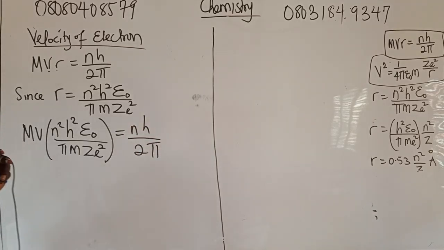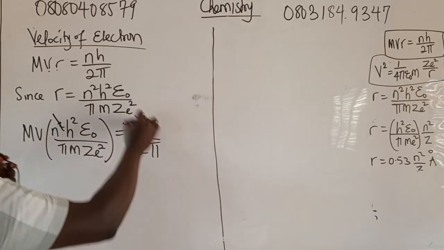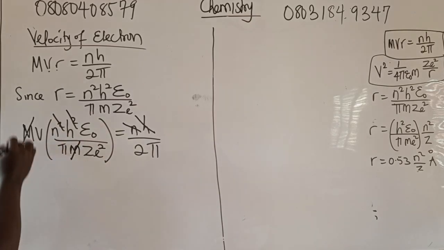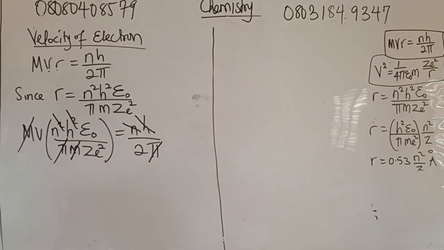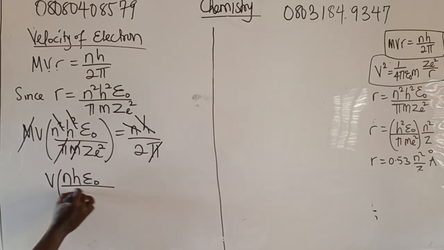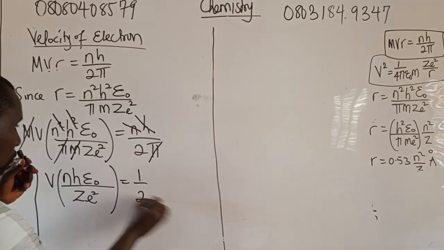One n cancels one n here, this h cancels one h, n cancels n, pi cancels pi. I will have v times n, h, epsilon naught over Z e squared, close the bracket, then here I have 1 over 2.